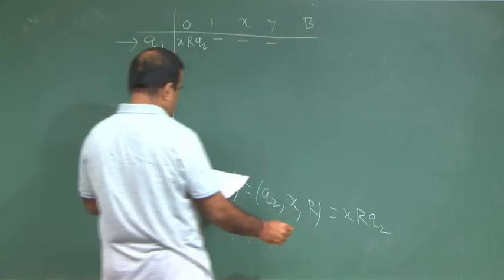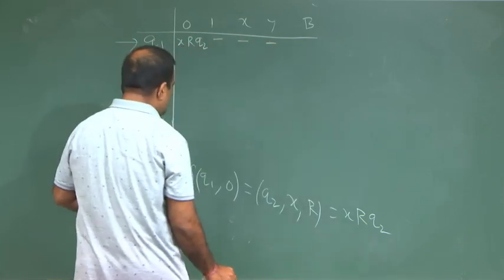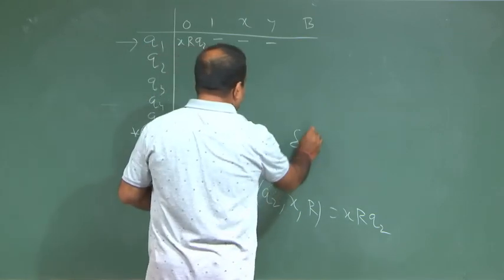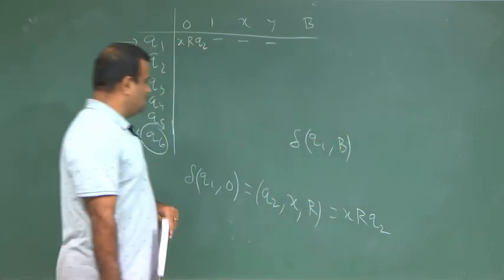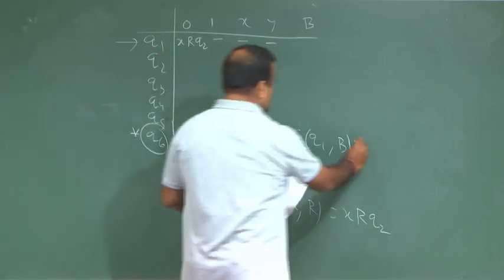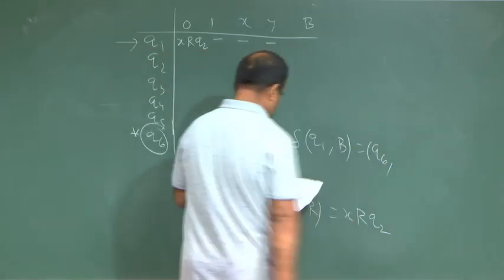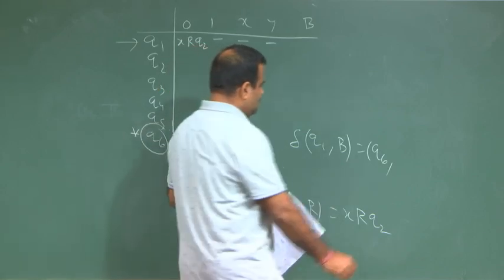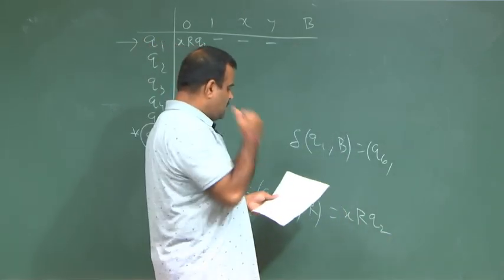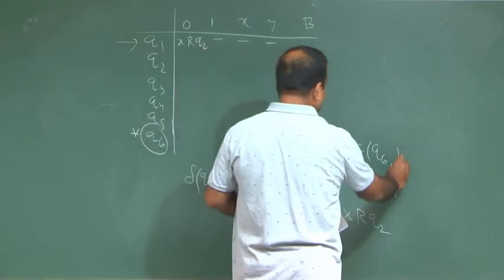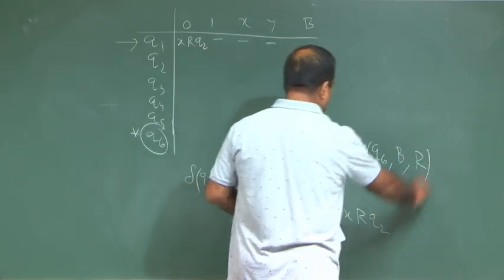So, let us write that x r q2, and we have no move for this, no move for this, no move for this, and for this we have a move like this: delta of q1, if we see a blank, then it will go to q6, and we replace the blank by blank again and move r.